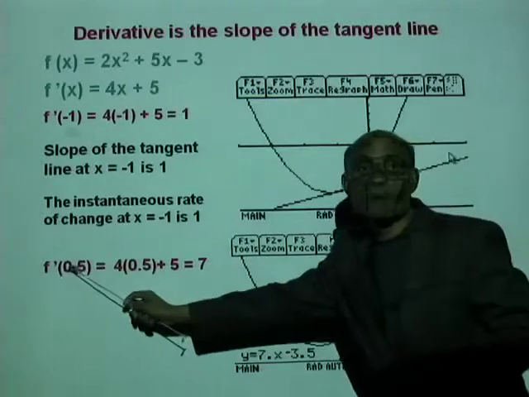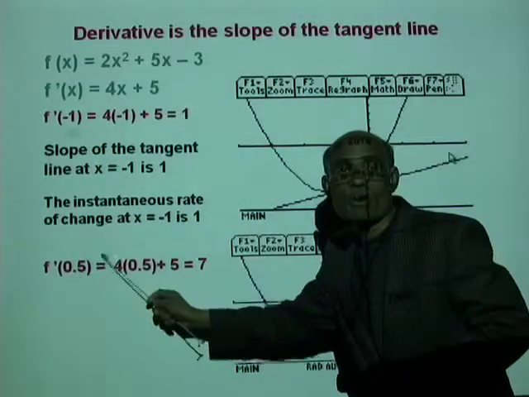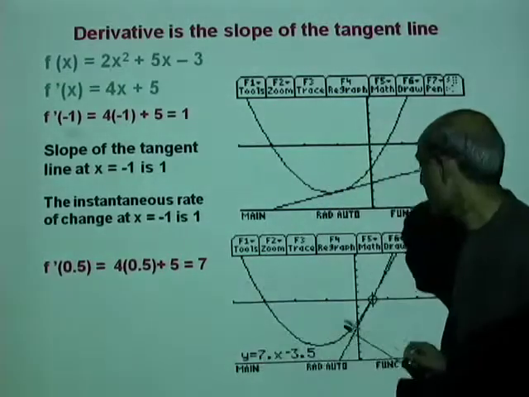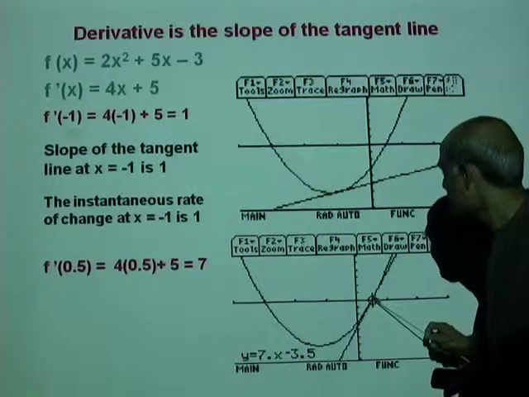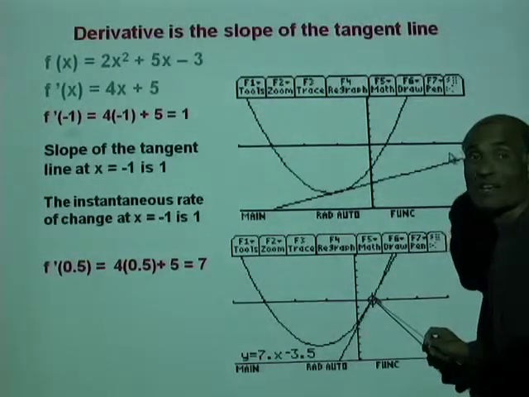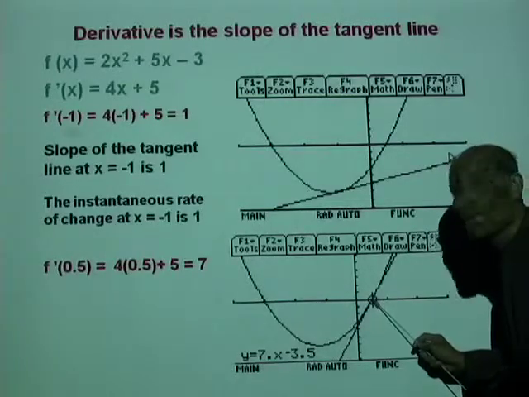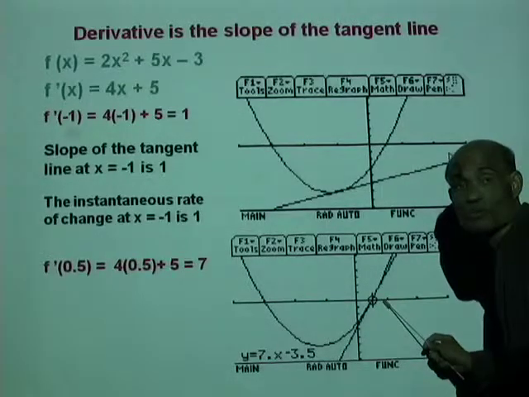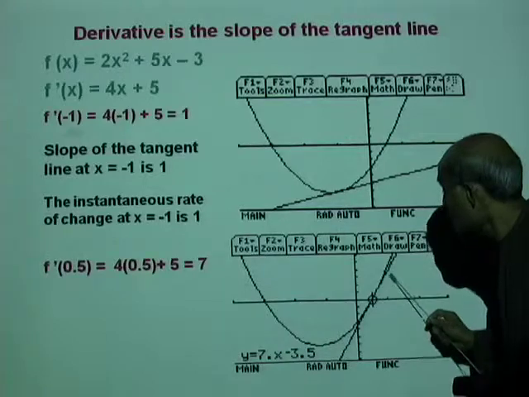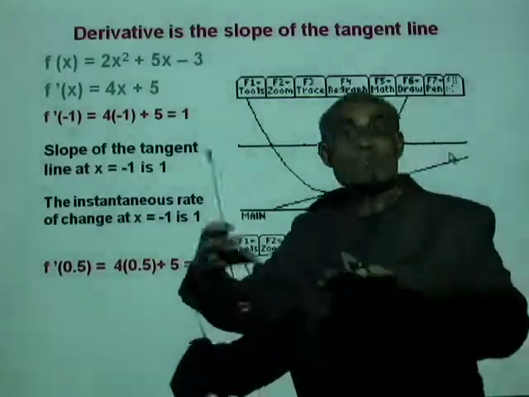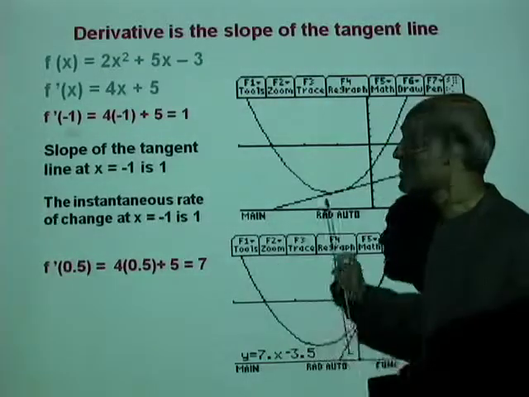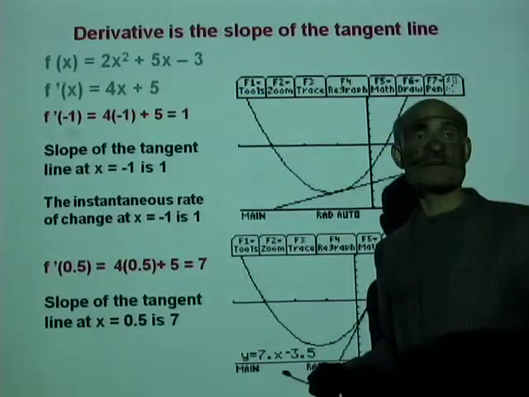The derivative of the function at x equal to 0.5 is 7, means the slope of the tangent line drawn at x equal to 0.5 is 7. Now that means when x changes by 1 unit here, y will change by 7 units. You can see the rate of change has dramatically changed when you move from point to point.